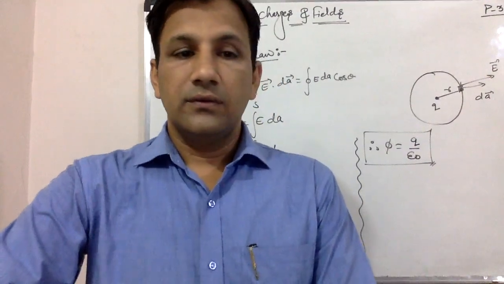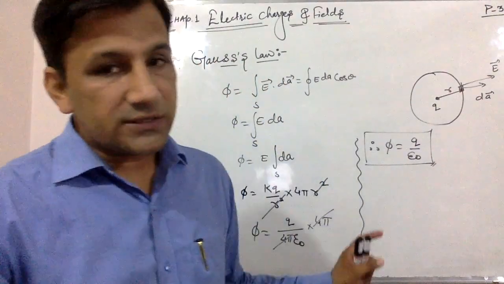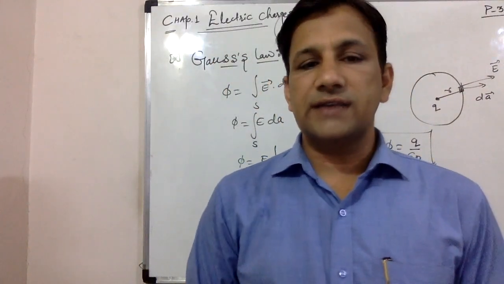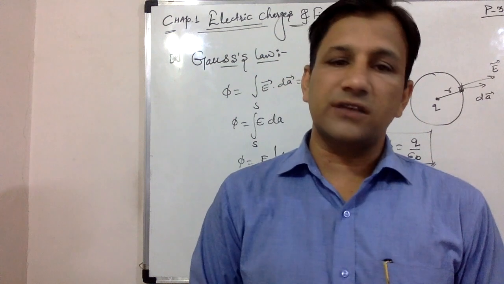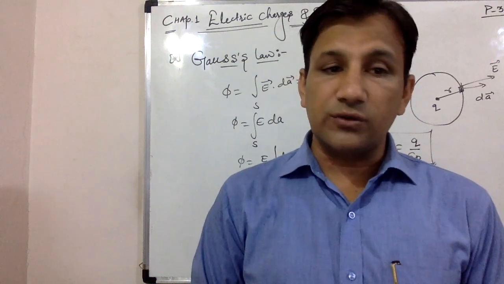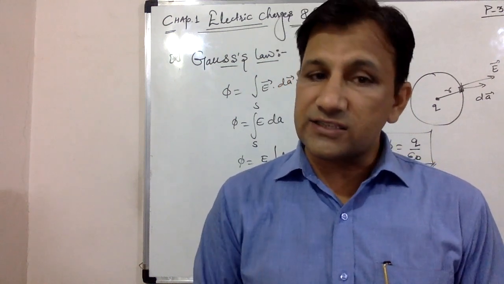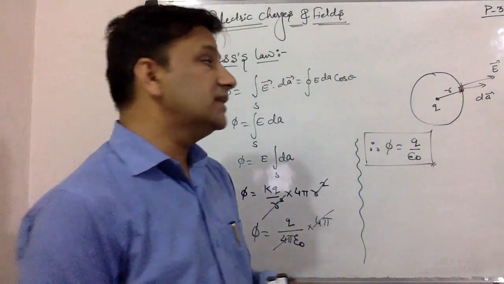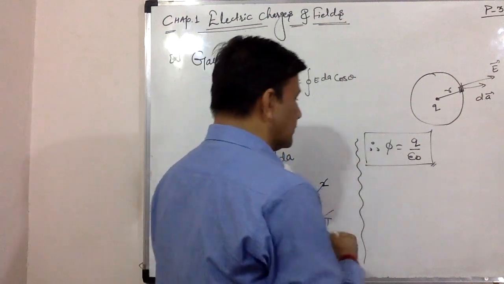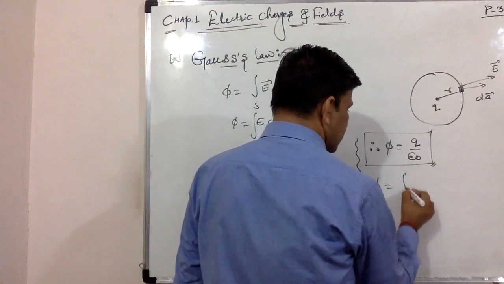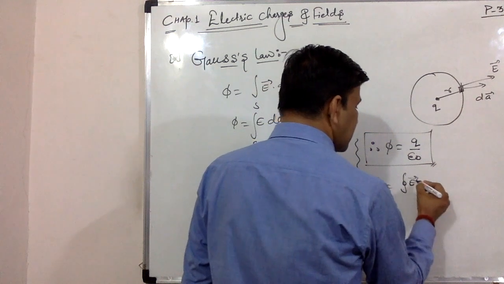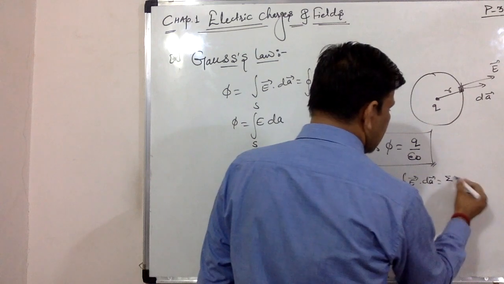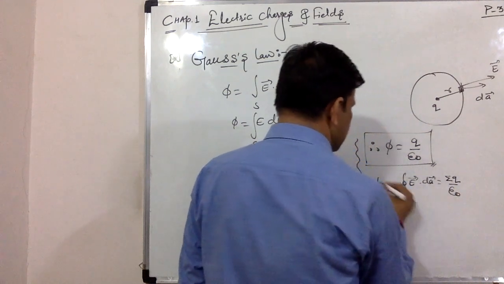Now, the Gaussian law, from this statement: the total electric flux associated with any closed surface is equal to the ratio of the net electric charge enclosed by the surface to epsilon 0. Means phi is equal to closed integration E into dA vector is equal to sigma q upon epsilon 0.